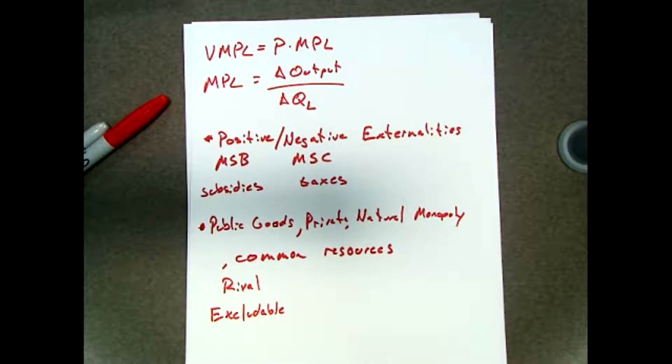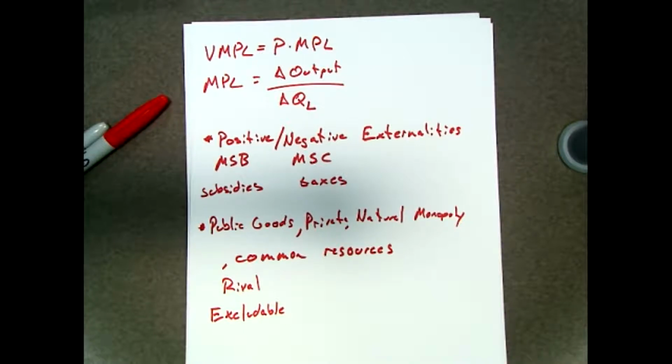Excludable is basically the idea of pricing, right? If something is excludable, it means that I can prevent other people from using it. So if I buy a bottle of water, I have ownership of this and I can tell you, you can't have any of my water. Non-excludable would be something that is provided for everyone. If you think about national defense, I can't exclude anyone from benefiting from that.